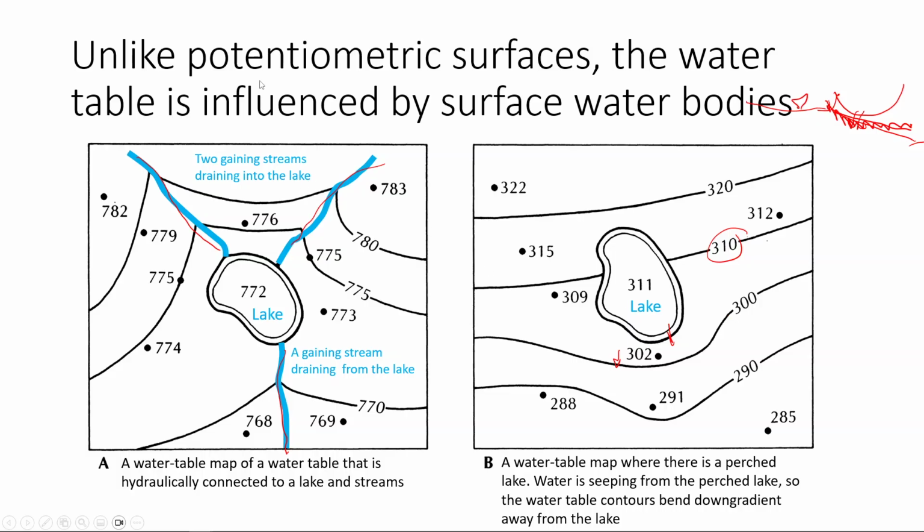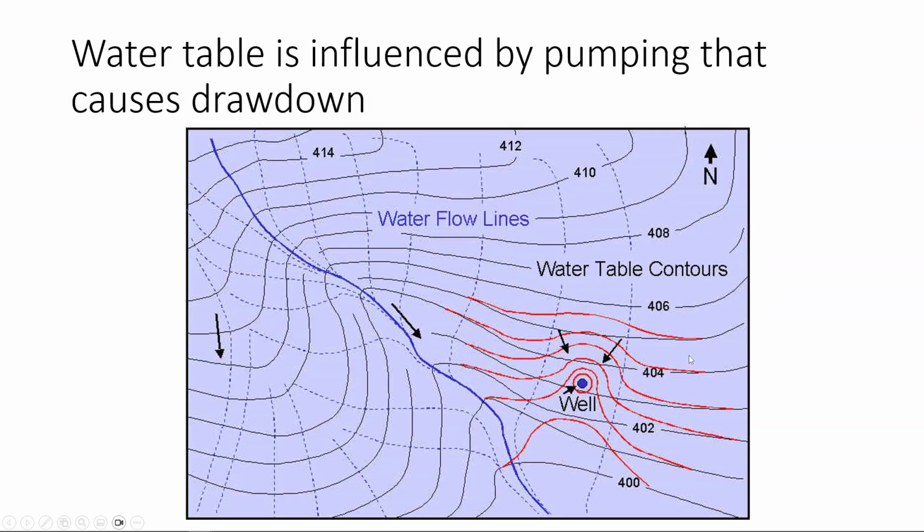Versus, as I showed you before, if this is a potentiometric surface, whatever is happening at the surface, whether it is a connected lake or a non-connected lake to your aquifer, it will never impact it. Even though this lake is unconnected to the aquifer, there is still some seepage from the lake. You would expect the water table to be something like this, but it's bending a little because of the small recharge from this lake.